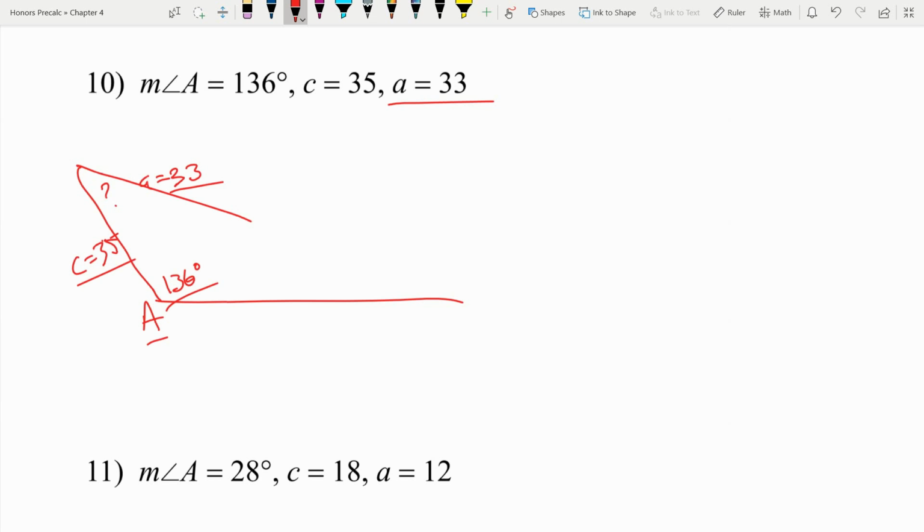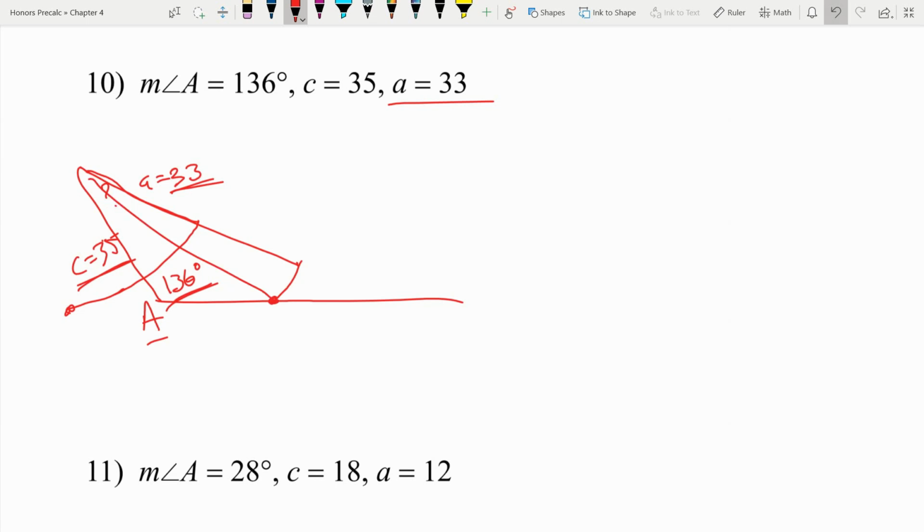Because if you think about this, the actual length of this would probably be more like this in comparison. 35 versus 33. So if you think about how this would rotate down here, well, it might hit over here someplace, but that angle then would not be 136 degrees for A. And in fact, this has to be long enough over here so that it would rotate down and hit somewhere in here, so we have a triangle that looks like this.